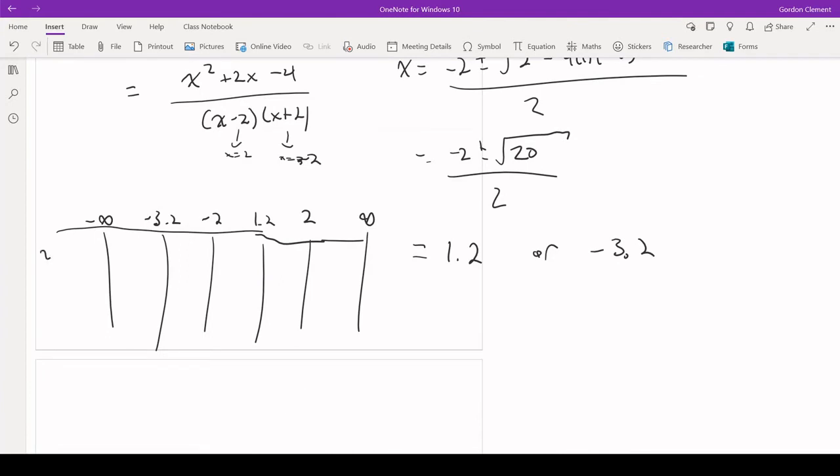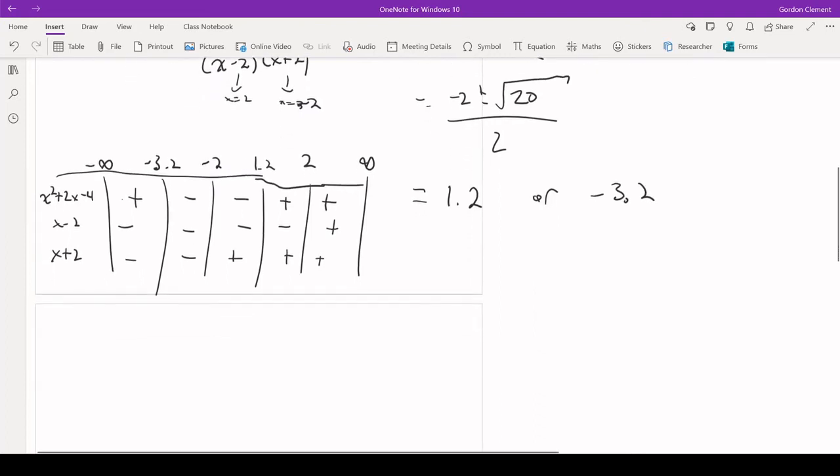And so we have that quadratic on top, which opens up. We've seen this a few times. If it opens up, it's negative between its x-intercepts, which are the decimal numbers from the quadratic formula. We have an x minus 2, which switches at 2, and an x plus 2, which switches at minus 2. So we have that.